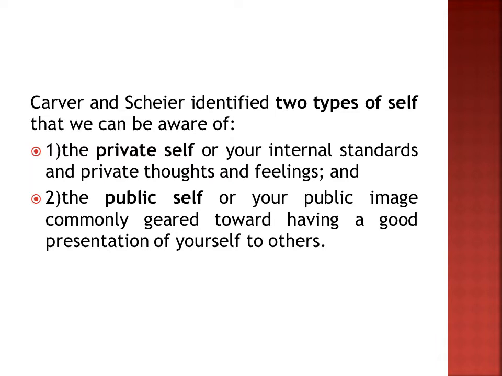The private self is your internal standards and private thoughts and feelings. So the private self entails our internal being. It entails our thoughts and our feelings that others can't see. They might suspect that you feel something or they might notice something, but this is private to you.